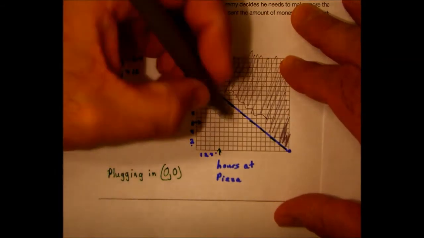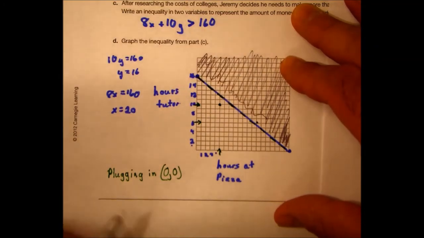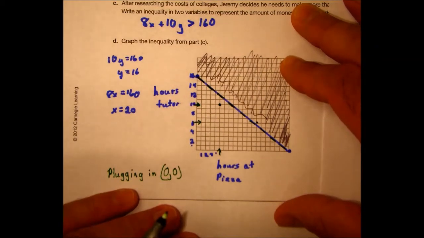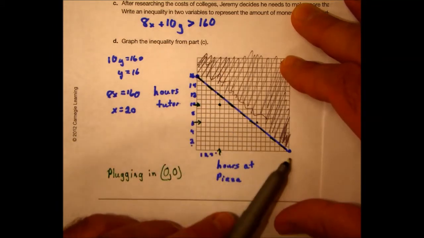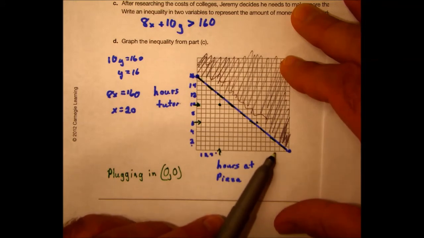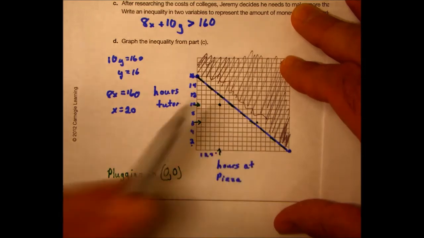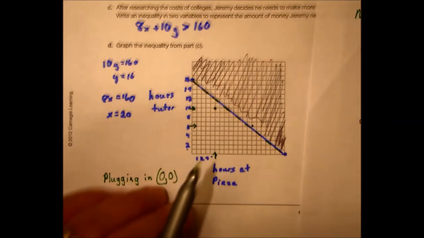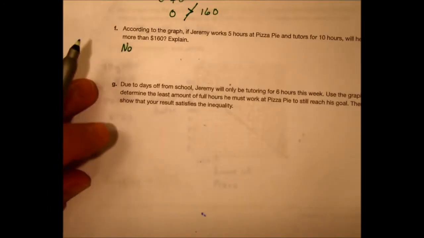So he needs to work at least, this is the first place past it, there. That's part of the answer, it's not on the line. So now I've got to count how many hours that is. Now I'm going to count backwards. So this is 20, 19, 18, 17, 16, 15, 14, 13. So he would need to work at least 13 hours at the pizza place.